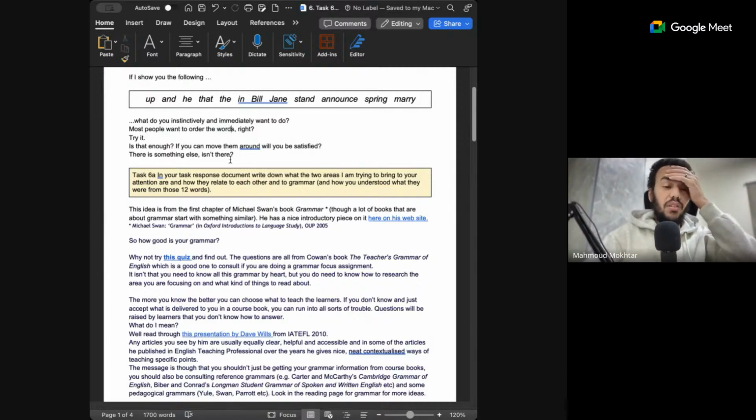Second thing, what I thought about was categorizing the words according to parts of speech. Is that enough? If you can move them around, will you be satisfied?